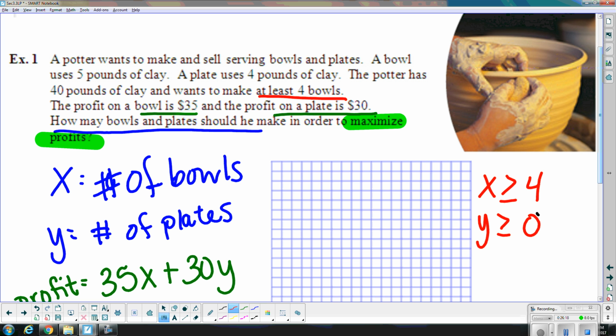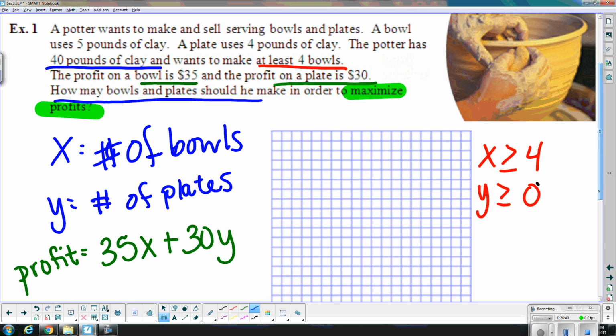Okay, so next, the last piece of information that it gives us is that we have 40 pounds of clay. So the number of bowls that we make and the number of plates that we make has to use combined less than 40 pounds of clay.